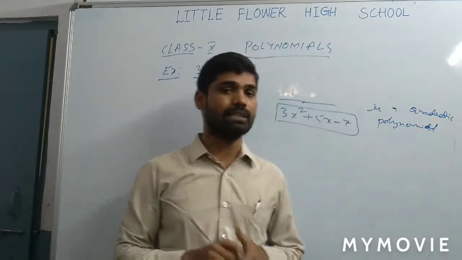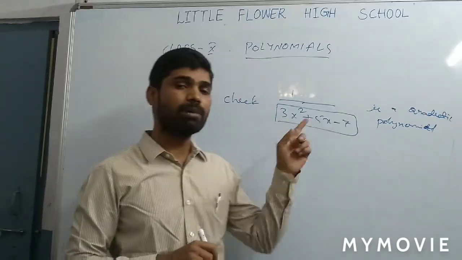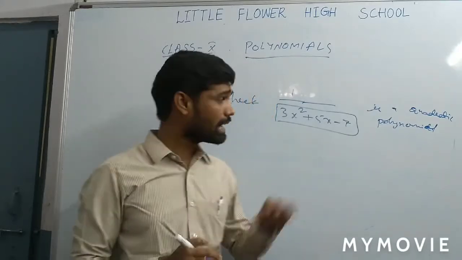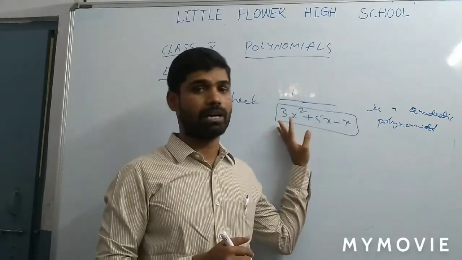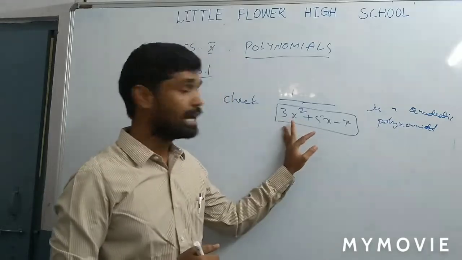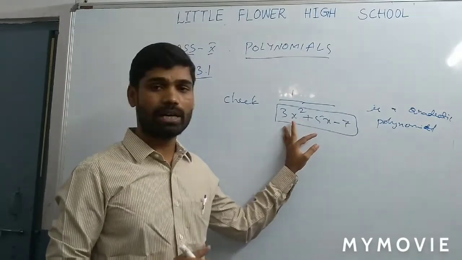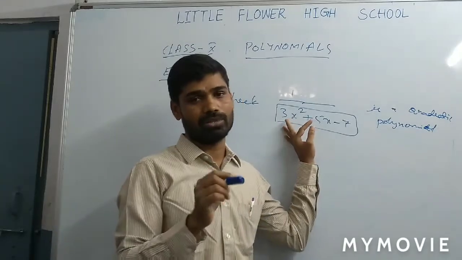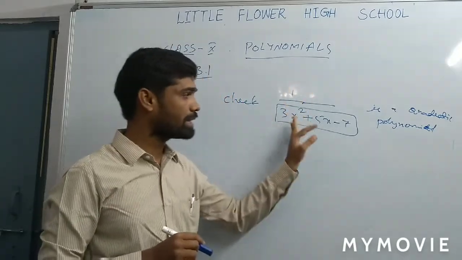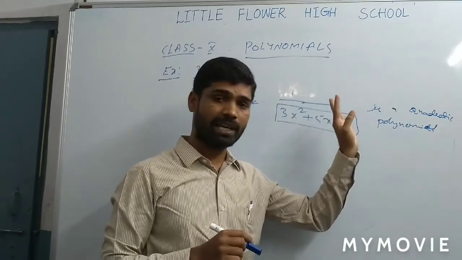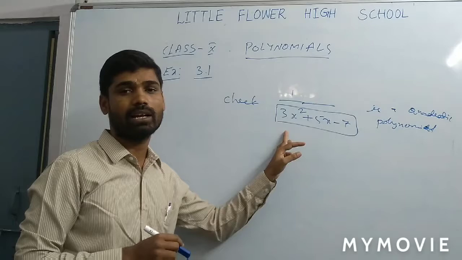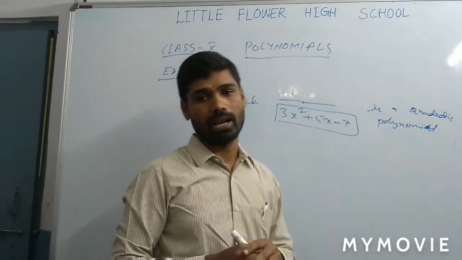So what we discussed yesterday, the three conditions: when a variable is present in the denominator, it is not called a polynomial, but it is an algebraic expression, not a polynomial, so that it will confuse you. So you have to understand the position of the variable and the terms. Once you understand that, here it is 3x square plus 5x minus 7, a quadratic, but it is present in the denominator, so it is not a polynomial.